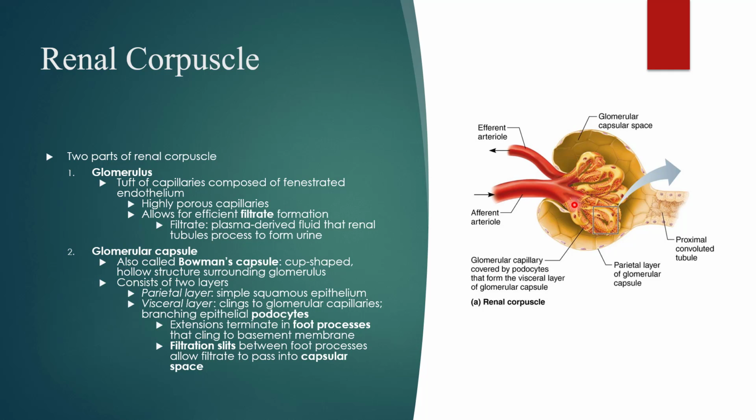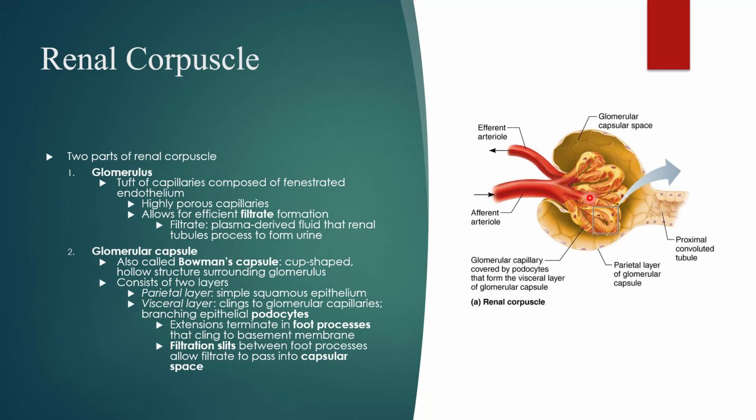The visceral layer is actually the one that abuts, or is exactly touching, the glomerulus themselves. The cells of the visceral layer cling to the glomerular capillaries, and they extend branching epithelial cells called podocytes. So pretty much these podocytes are cells that would have false feet.